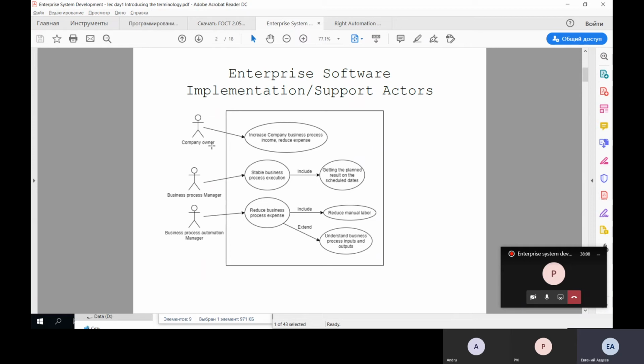So the company owner asks him, how much money, how many resources do you need to provide this product by this time, and he tells him we have a business process, we have a plan, and if the business process manager is able to deliver his plans on the scheduled dates, this is a successful situation for him.